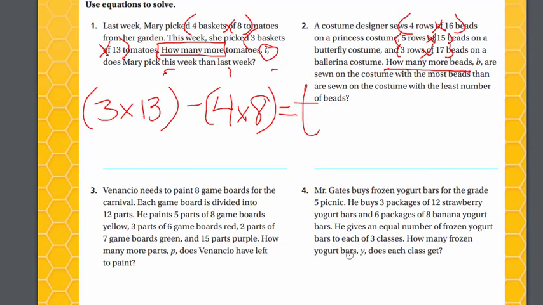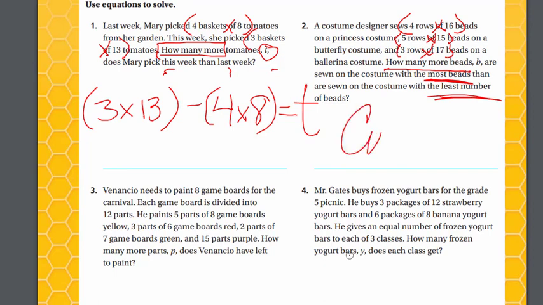And Warren, what would I be looking for after that? The one that had the costume that has the most beads and the costume that has the least beads. I'm gonna take the biggest number and the smallest number and do what? Divide. Nope, not divide. Subtract, because I'm looking for the difference.